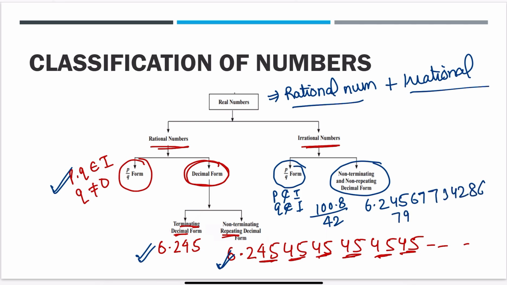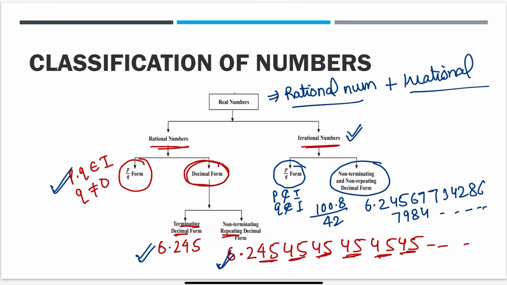There is no specific pattern. Nothing is getting repeated. Like in the other case 45 was getting repeated, but in this case nothing is getting repeated. This is all random. So these are all irrational numbers. Irrational number is non-terminating, non-repeating.